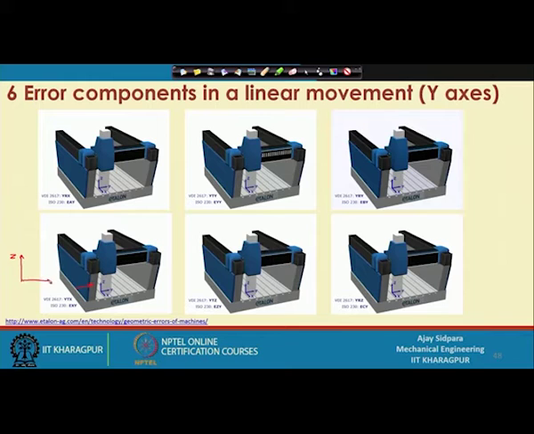So, this is z direction, this is x direction and this one is the y direction, and you want to keep your spindle axis here only. But because of this particular error, what is happening is that your spindle is actually moving this side or this side. It is in translation only, but in the x direction. So, now let us see again one. So, it is moving in this direction. So, this is a translation error.